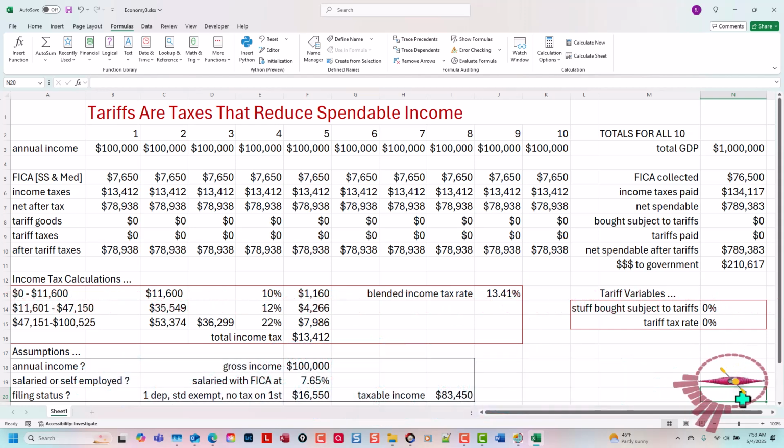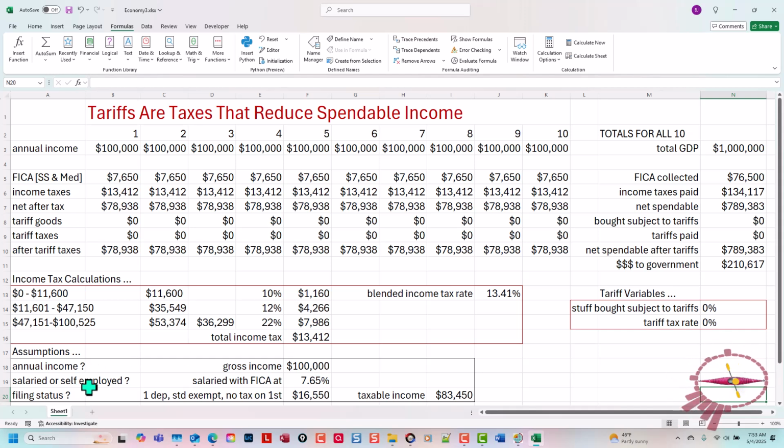This greatly simplified spreadsheet can be used to demonstrate the effect that tariffs have on the spendable income of an individual. Specifically, the spreadsheet is built on certain assumptions. Among these is that the annual income of the individual is $100,000.